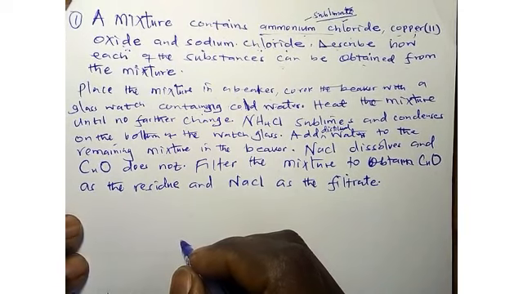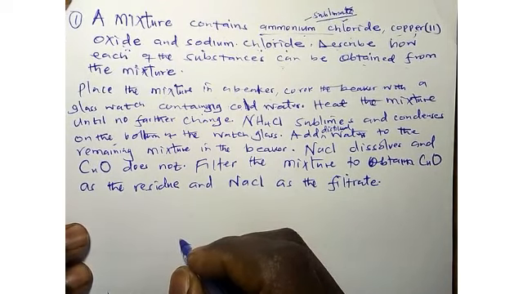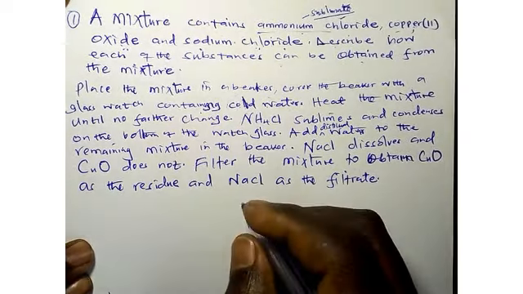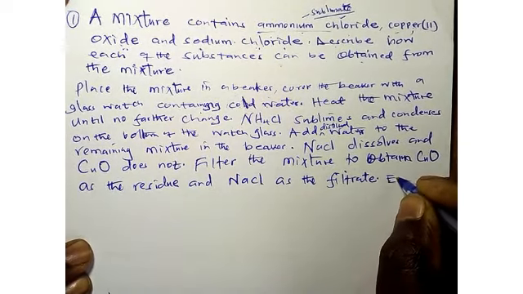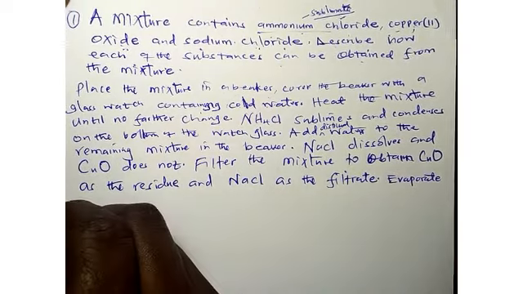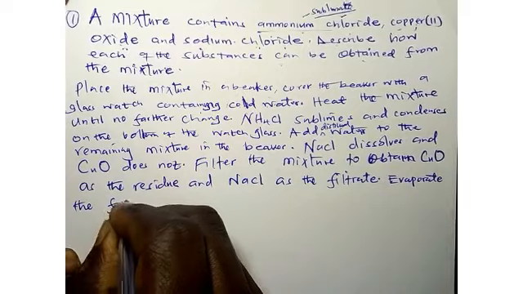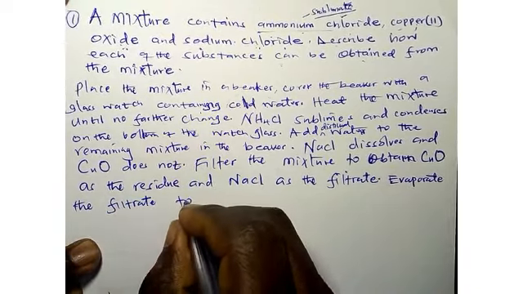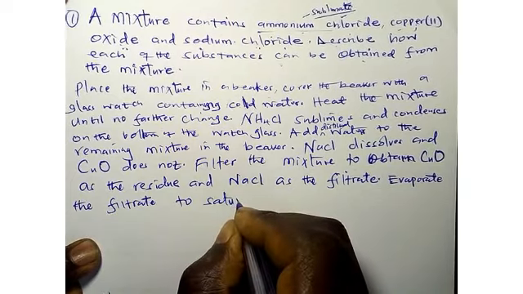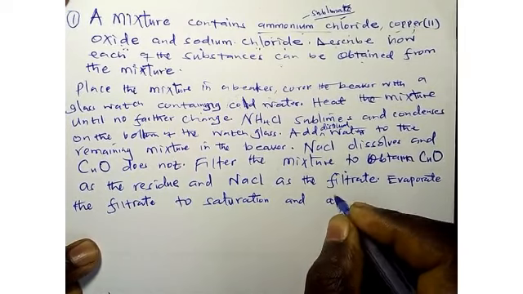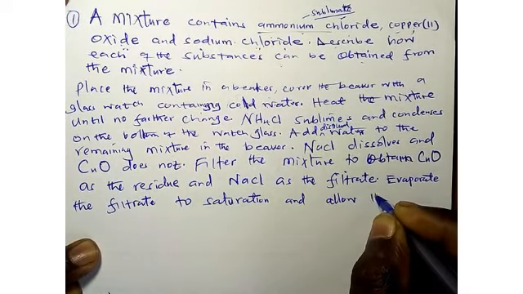Now we have the filtrate. The next thing we do is to evaporate, because what we want is sodium chloride crystals. Evaporate the filtrate to saturation and allow crystals to form.